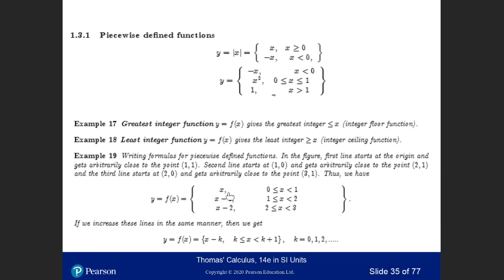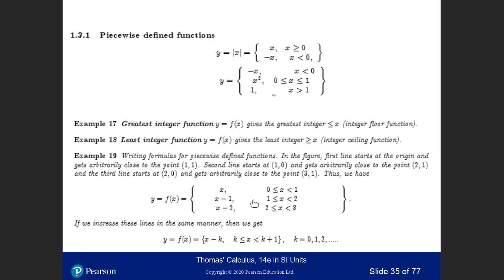For instance, y is equal to x if x is between 0 and 1. So this is a line starting from the origin, going up to the point (1, 1), but not equal to that point. Okay, and then you can write x minus 1.